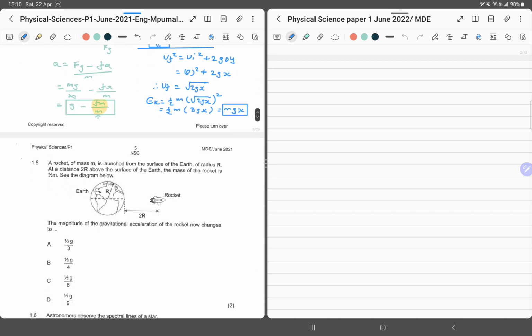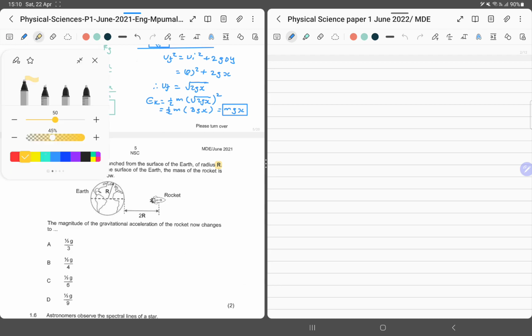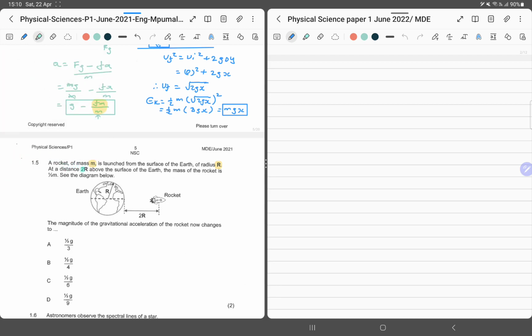Okay, let's move, guys. Now we are told here, a rocket of mass m is launched from the surface of the Earth of radius r, at a distance 2r above the surface of the Earth, the mass of the rocket is half m.